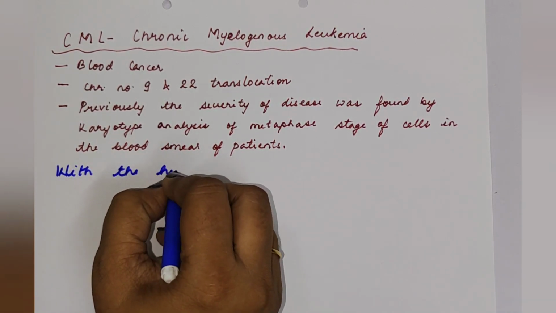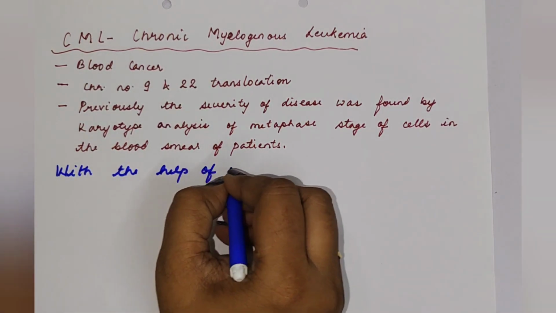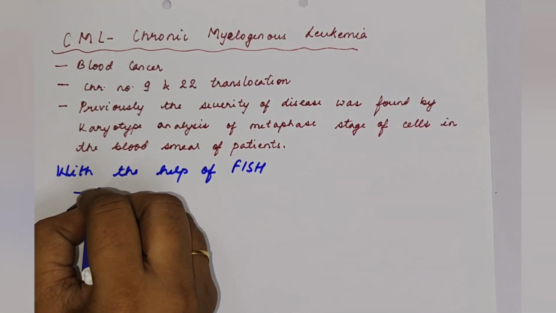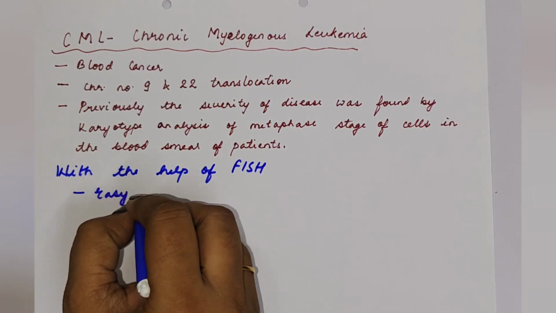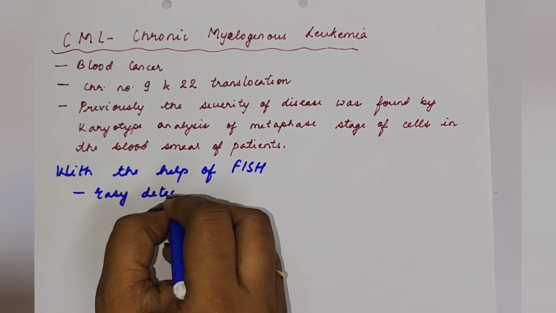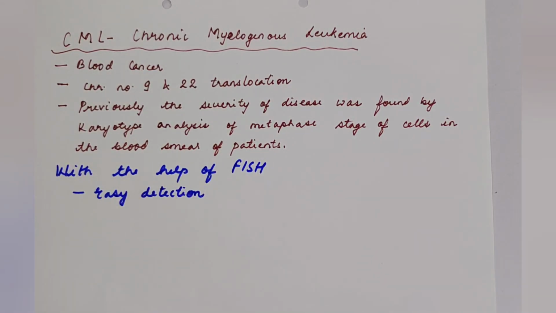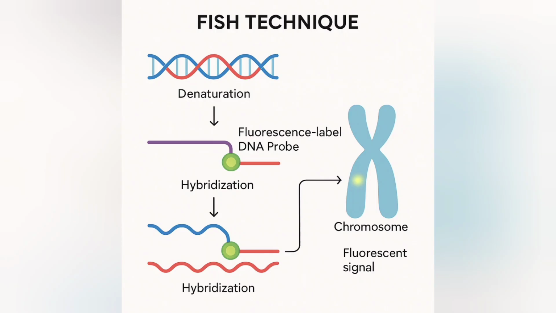Now, how does FISH technique help in the detection of CML? Let us understand. With the help of FISH technique, the detection of CML would be very easy. How? Let us see.